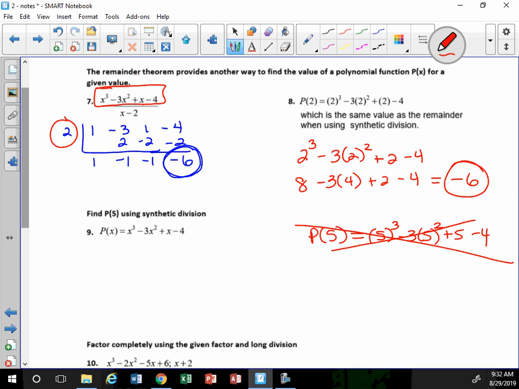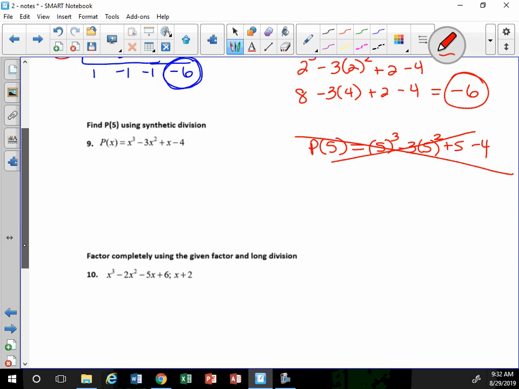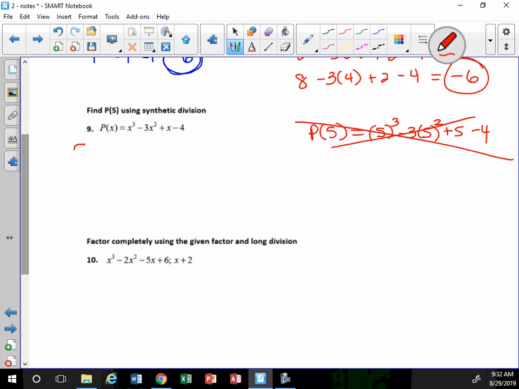Synthetic division. So what do you think goes on the outside of your synthetic division? 5, good. And then my 1, -3, 1, -4. Go ahead and go through your division.